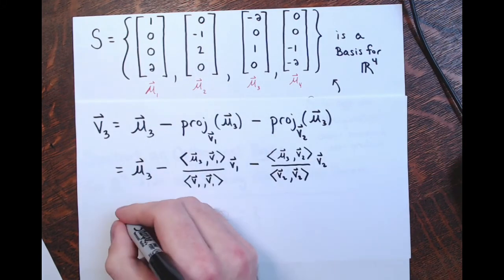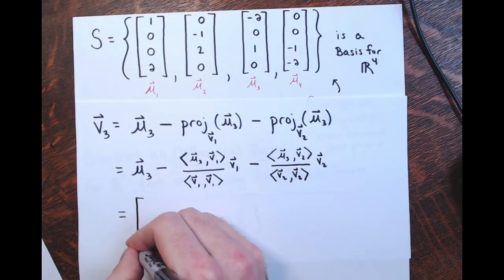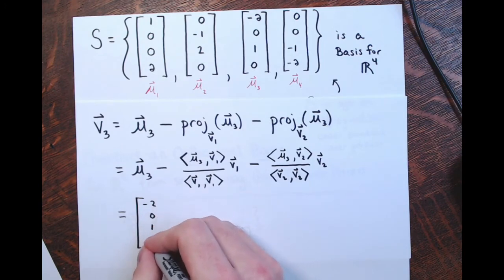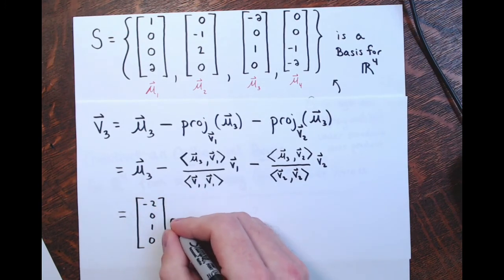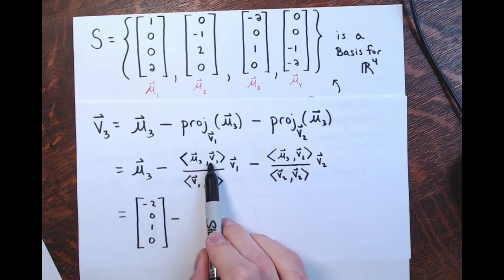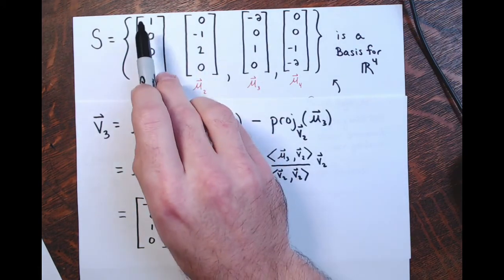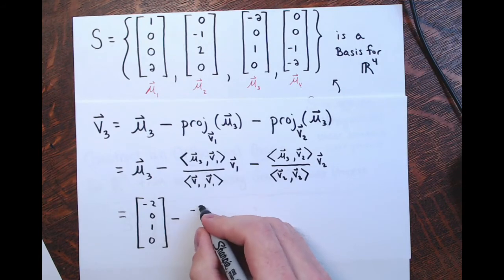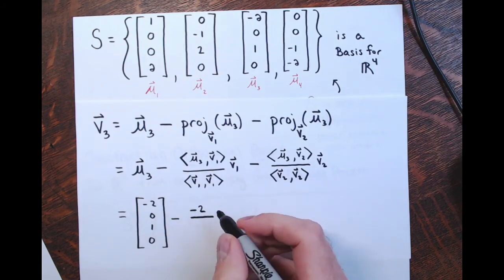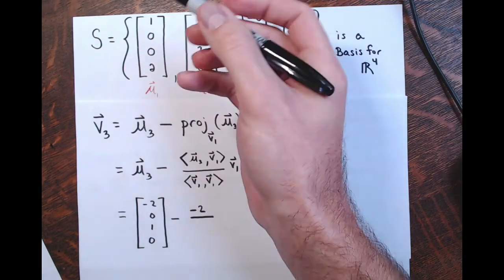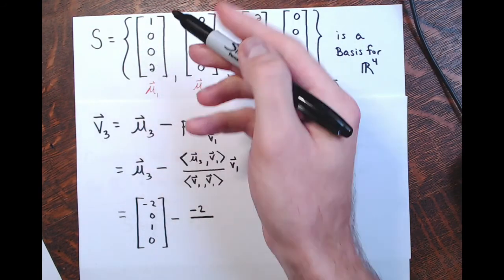Okay. All right, so u3 is this vector here, with -2, 0, 1, 0, minus. Now, the inner product here is the dot product, so I'm doing u3 with v1. So that'd be -2 plus 0 plus 0 plus 0. So -2 in the numerator. And then the denominator is the inner product of v1 with v1, which is u1. So 1 plus 4 is 5.